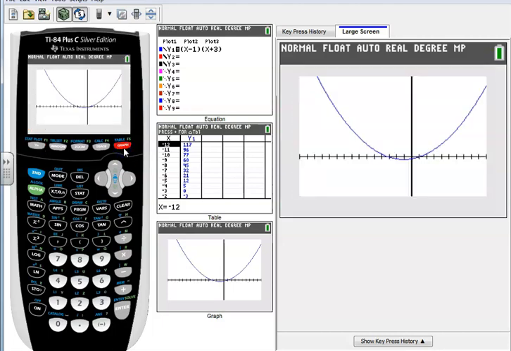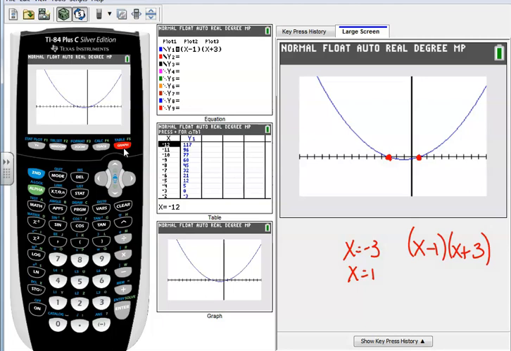If I hit graph, we can see that this parabola faces up, and we can also see that it looks like our x-intercepts are -3 and +1. Keep in mind that our factors were x minus 1 times x plus 3. So we are asked to take a look and see if we can figure out how to find the x-intercepts based on our factors.